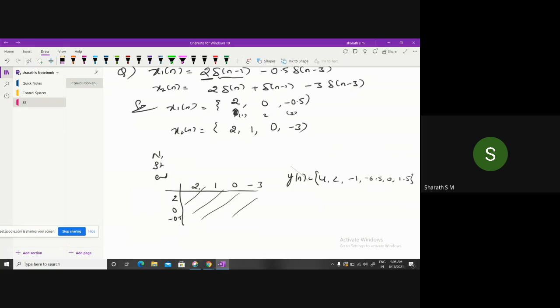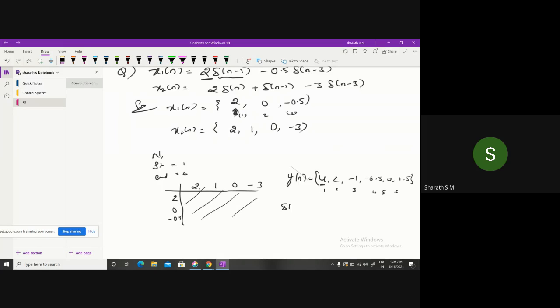So what is the starting point of the signal? 1. Starts from 1 and ending at 6. So we have a sample at 1, 2, 3, 4, 5, 6. Now 1 indicates there is delta of n minus 1.